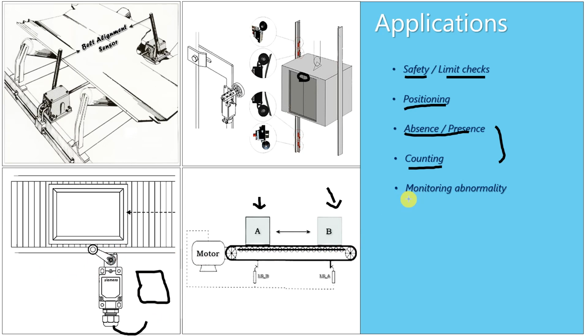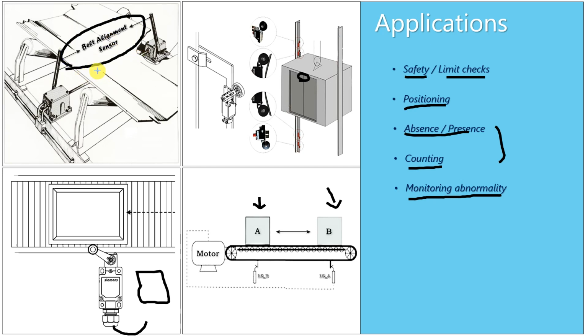Another important application of limit switches is that they can monitor abnormality as well. If you have long conveyors, then those conveyors are bound to move outside of their original position. So in this case, we install a specialized case of limit switches, which are known as belt alignment sensors.